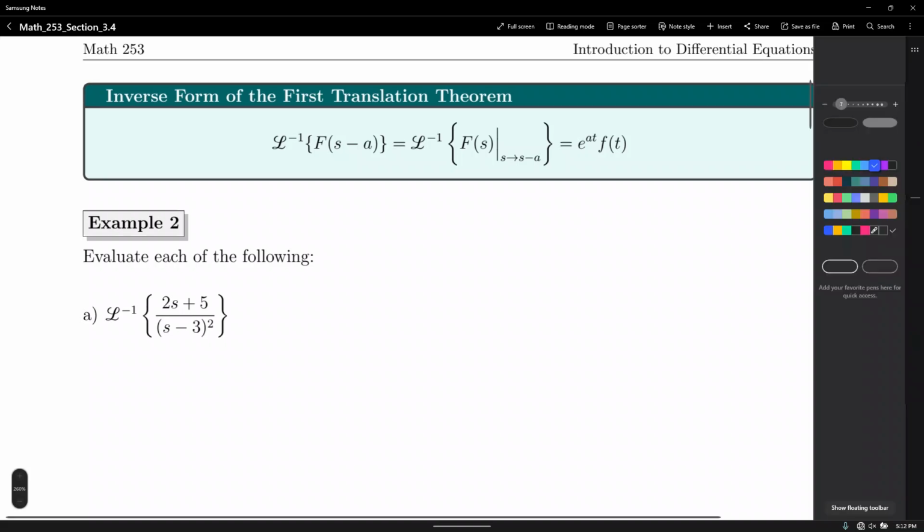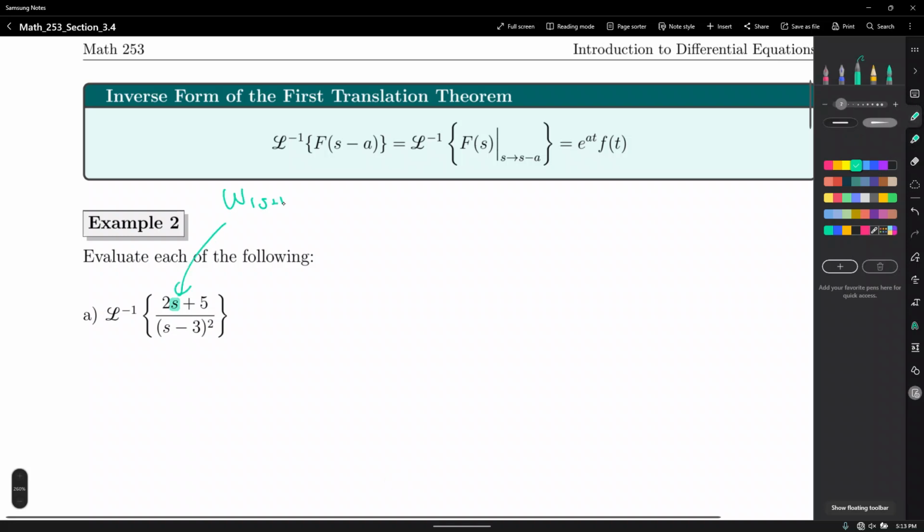However, the translation has to be present in every instance of s in your function to find the inverse of. That is, for instance, if you see this s right here, that's just 2s. So there's no s minus 3 translation. So what about it then?